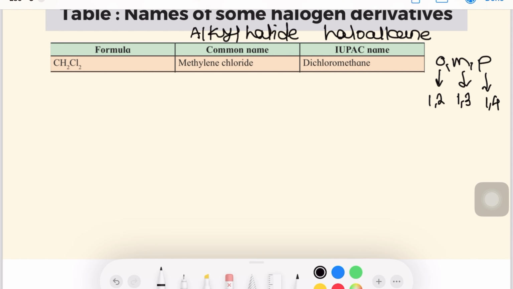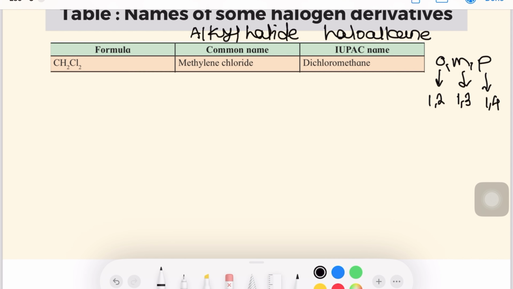In the common name, it is named as an alkyl halide. Which type of alkyl group is there? This is methylene. Methylene stands for CH2. And to this methylene, 2 halogens in the form of Cl2 are attached. So the name of this compound is methylene chloride. What type of alkyl halide is it, geminal or vicinal? It is a dihalide compound.